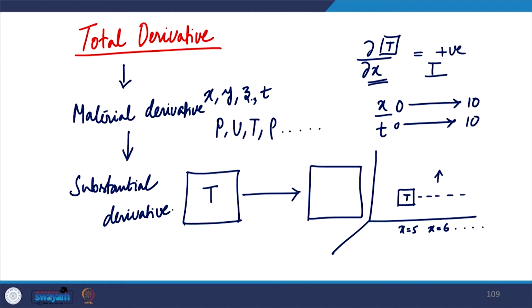Now, when you talk about the total derivative, it is even more important for us to understand what an air parcel is. This description of an air parcel may be repetitive, as you may have heard about it in some other part of this course. So, what is an air parcel? An air parcel is an infinitesimally small volume of air freely suspended in the atmosphere.